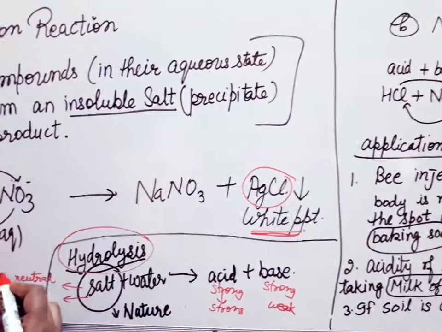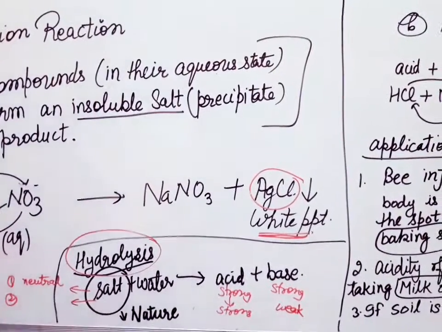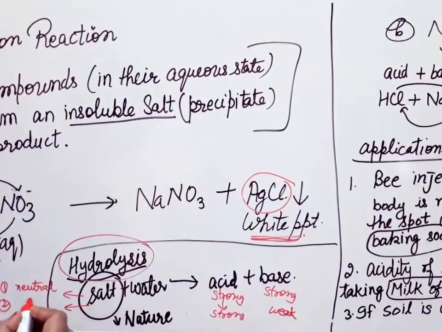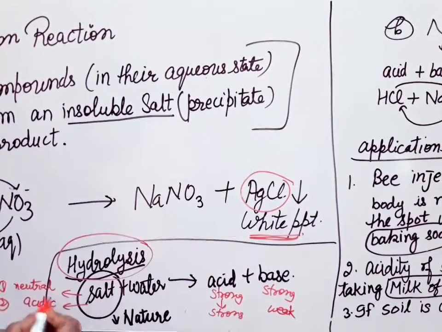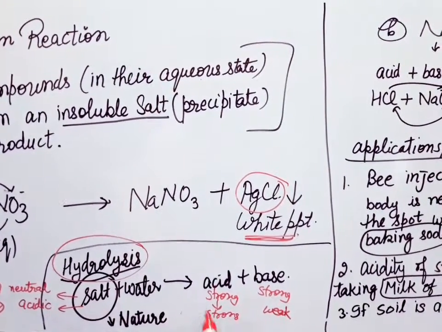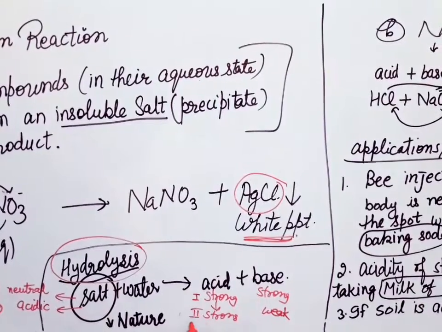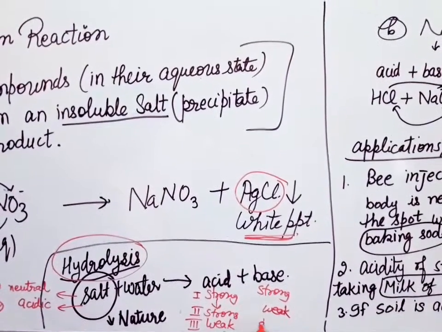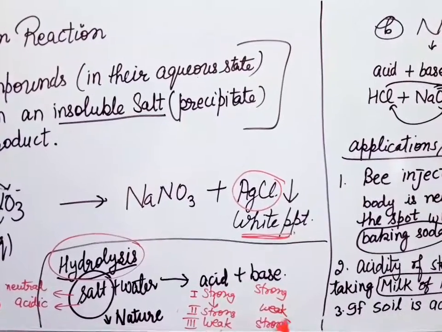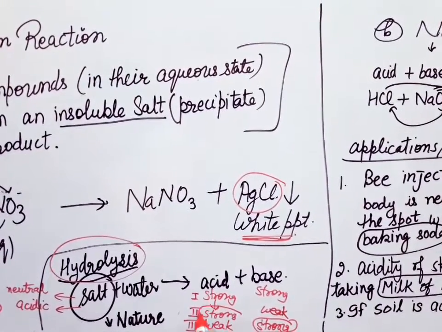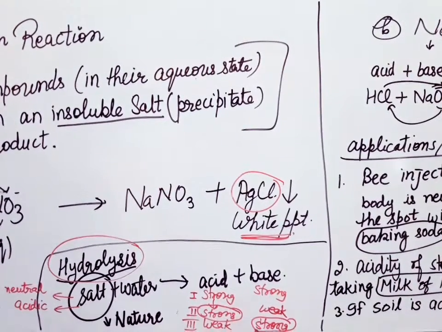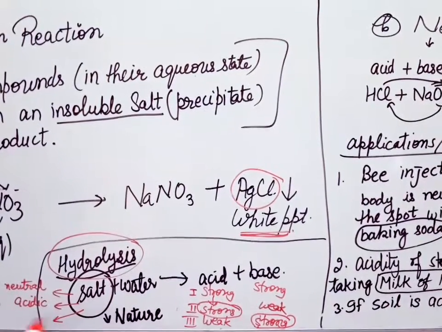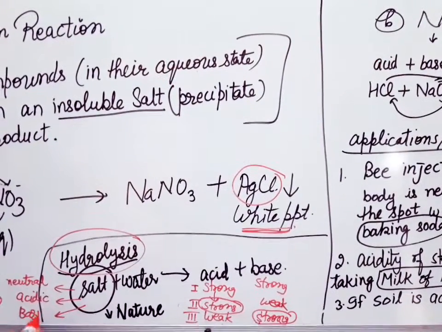In this second case, the acid is strong, so the salt will be acidic. Now the third case, if we take a weak acid and a strong base, so the base is strong, therefore the salt will be basic in nature.